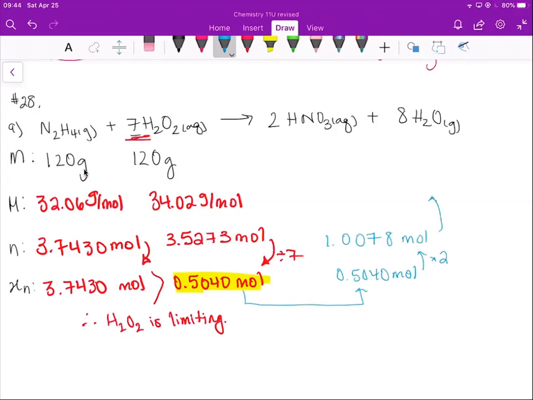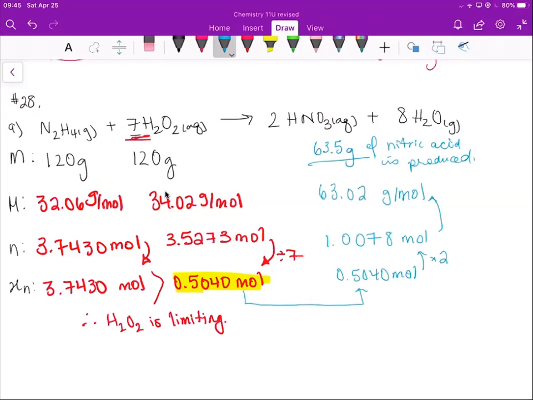And then the molar mass for nitric acid is 63.02 grams per mole. So I get a total of 63.5 grams of nitric acid is produced. Okay, and that was just by going up.